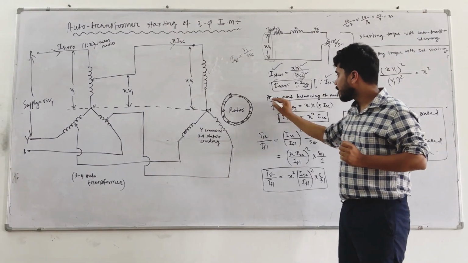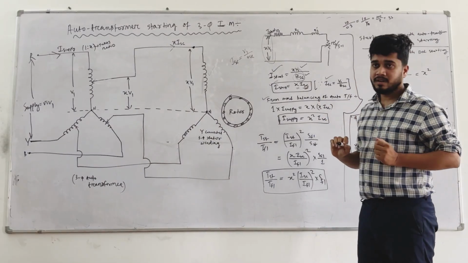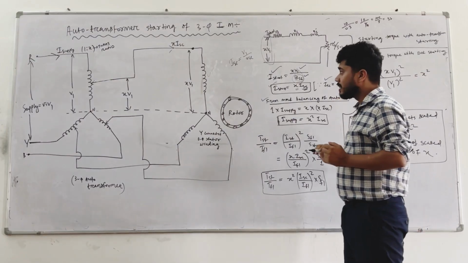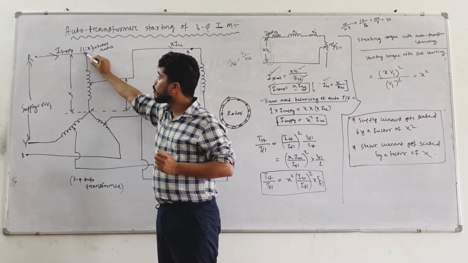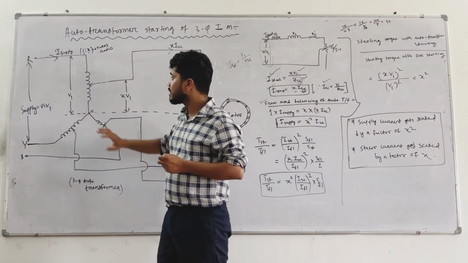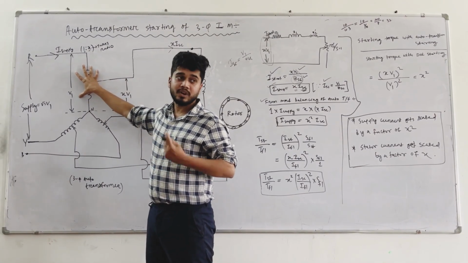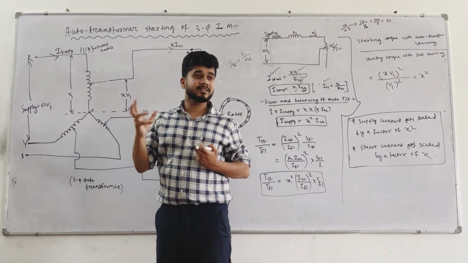Now, from MMF balancing of the auto transformer. What is MMF balancing? Listen, I have written over here the turns ratio is 1:x. That means this winding behaves as primary as well as secondary. In an auto transformer, the same winding will act as a primary winding and secondary winding.